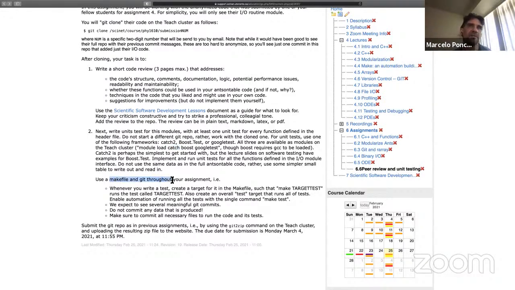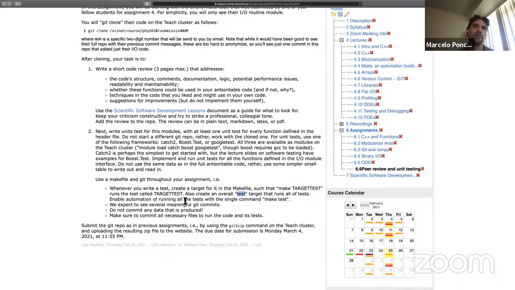Whatever changes you make, commit to the repository and create rules for running your tests. There should be one rule per test target, so if you have three functions declared in the module, there should be three new rules. And then we want an overall rule, test, for running all the tests, okay?